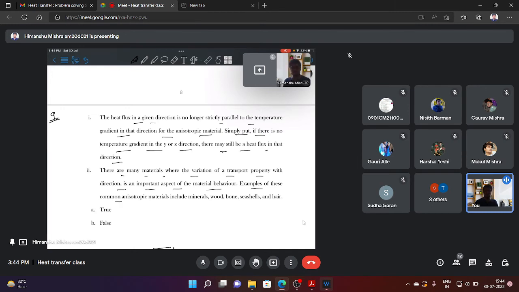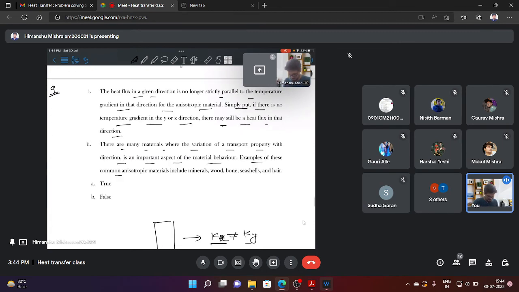Generally the materials whose structure contains a lot of fibers, in those structures the material properties like thermal conductivity vary in each direction. Like in the x direction, my thermal conductivity will be different from the y direction. So again, the option will be true here, because the second statement is correct.